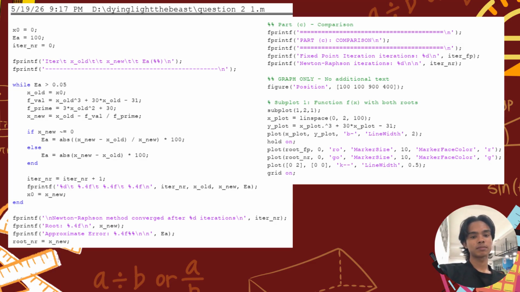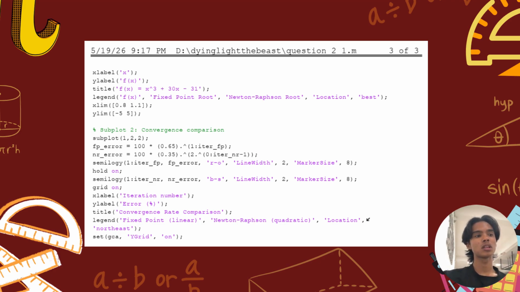As you can see in this picture, we have the code for the second subplot, which is convergence comparison, with line width and marker size, and then iteration number and percentage error, and then we have convergence rate comparison. As for the legend, we have fixed point, linear, Newton, quadratic, and the location, which is northeast.